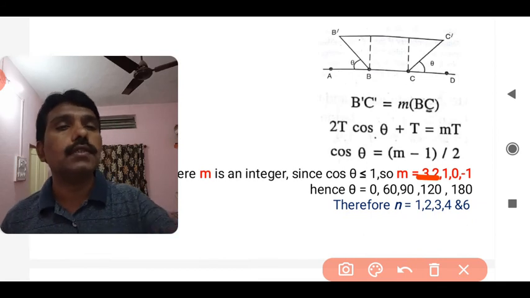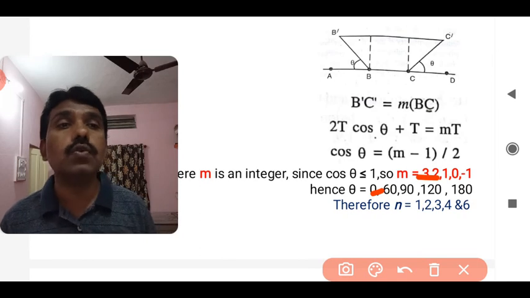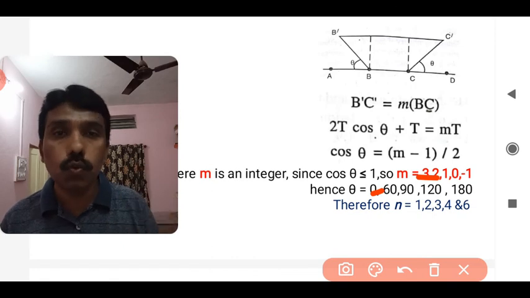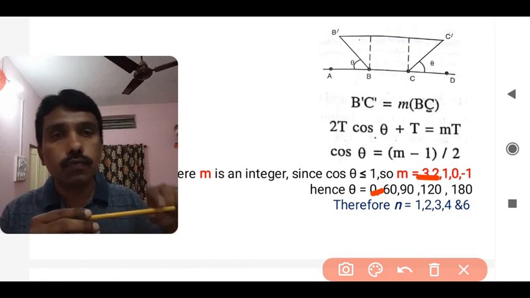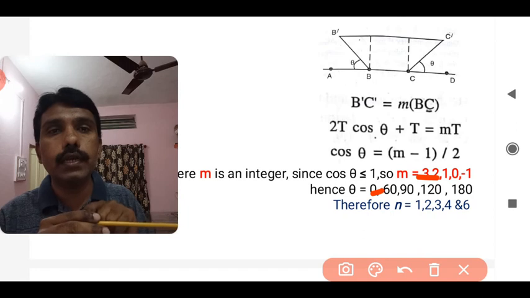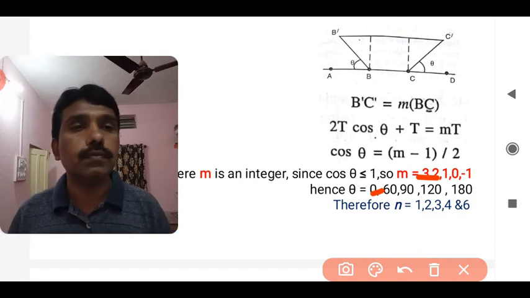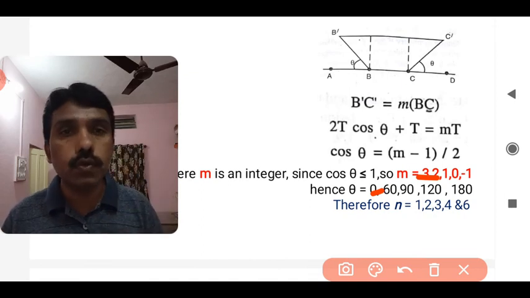At that stage the theta value is nothing but 0, because cos 0 is 1. So theta will be 0 or 360, because it is the origin point from where your circle completes. At that time the 0 or beginning and the 360 end point are the same, and that is the value of 0. That means a fold of operation with theta 0 is possible.